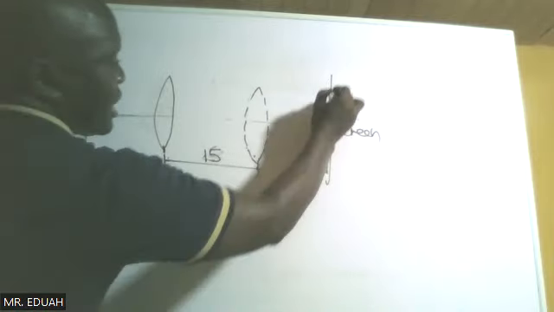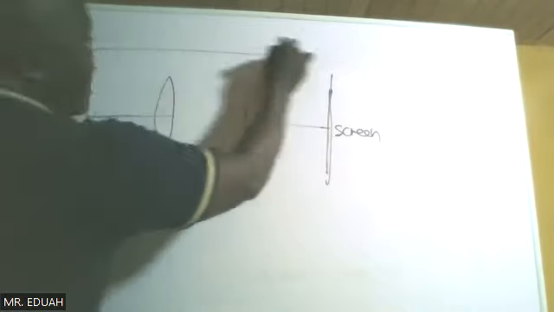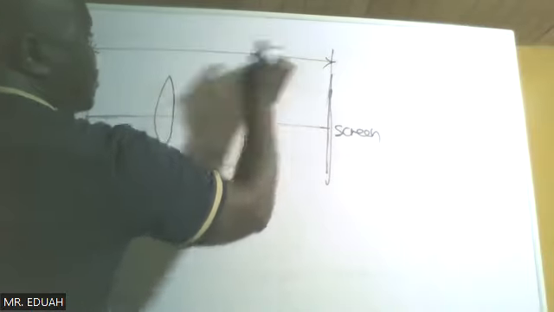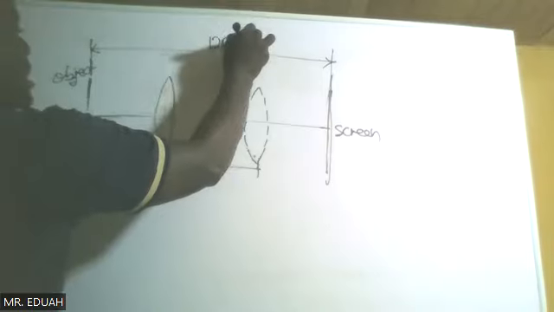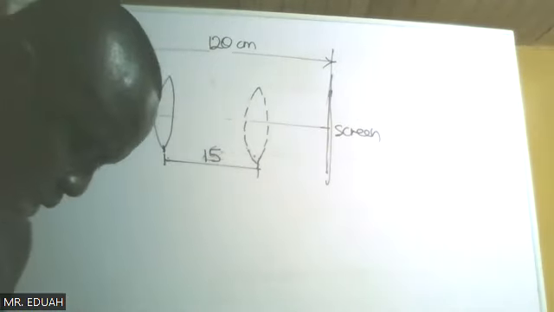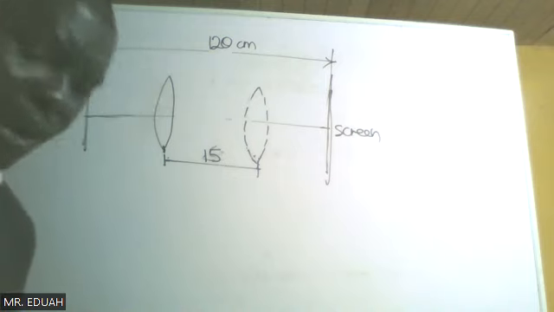When it is brought here, a clear image will be formed as well. And the distance between the luminous object and the screen, we are told, is 120 centimeters. Now the first question is: calculate the power of the lens.